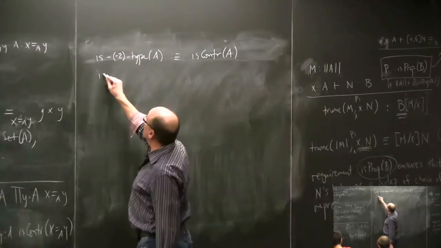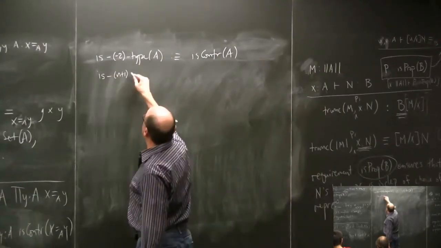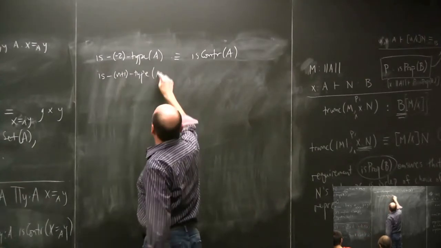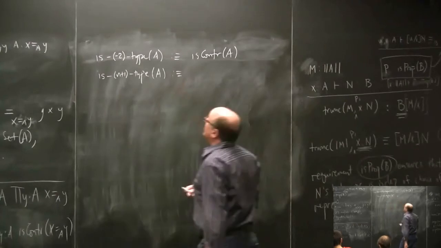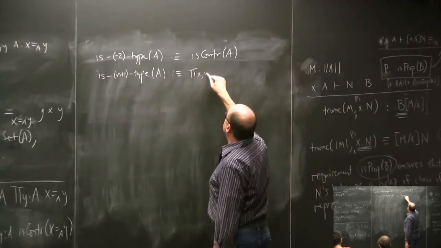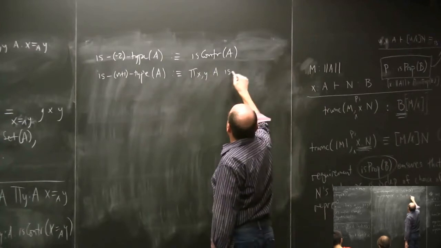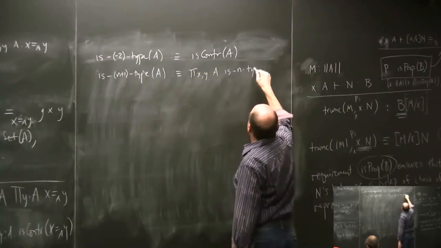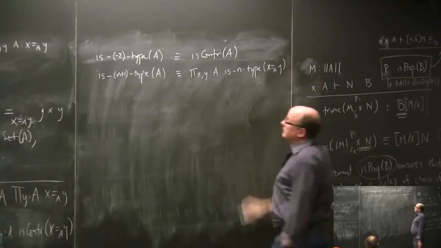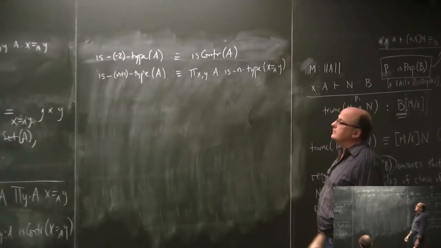And then in general, you can say an n+1 type, and you need this lemma to make the whole thing work, okay, is defined to be that for every x, y, and a, the identity of x and y is an n-type. And that leads to the notion of is an n-type.